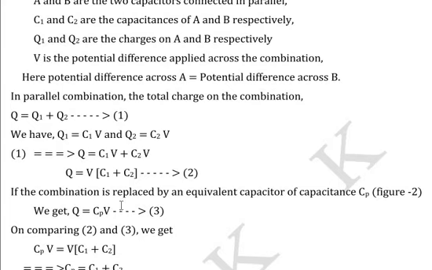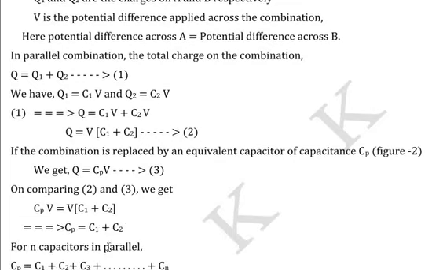You can equate RHS. Cp into V is equal to V into (C1 plus C2). So V gets cancelled on either side. Cp is C1 plus C2. So this is the expression for effective capacitance or equivalent capacitance of a combination of two capacitors connected in parallel.